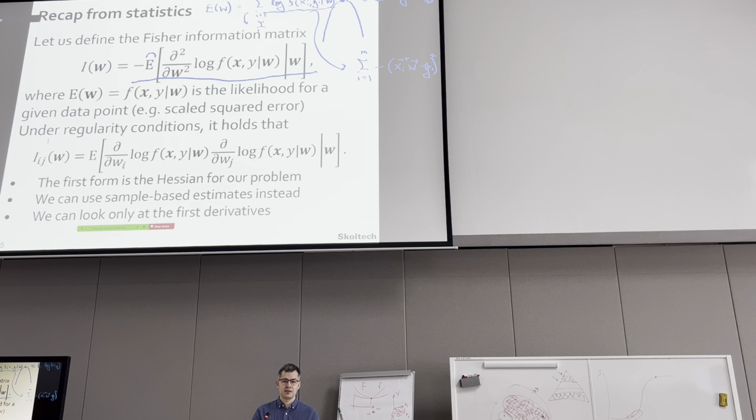This again is a talk about closeness to the true risk. This is our true risk, depending on the parameters w, and our empirical risk that we denote f hat m. It is empirical because it has a hat, and m denotes the sample size.